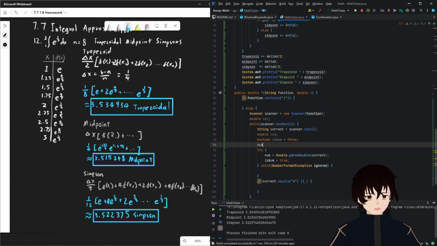Something I do want to know is scanner.delimiter. What is pattern? Pattern string regex. Can I make it have multiple delimiters?